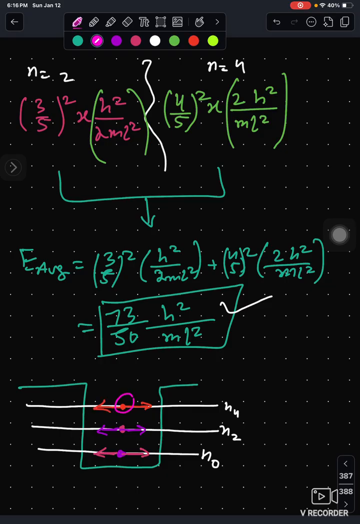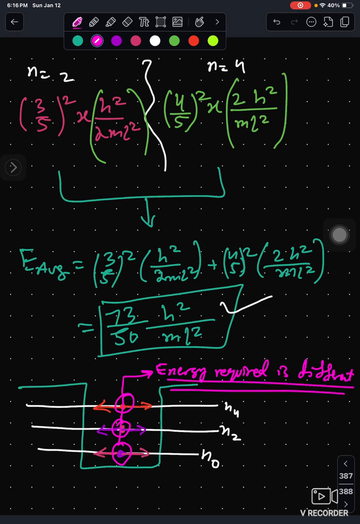But the amount of energy they put in, the energy required, is different. This is the main thing.